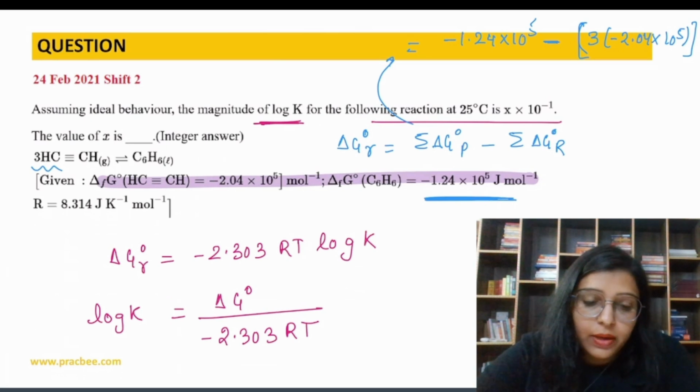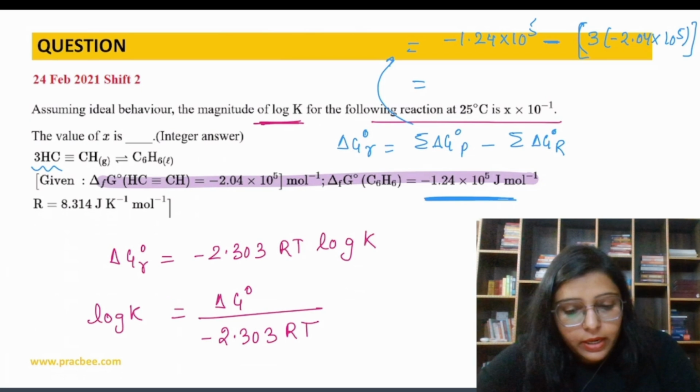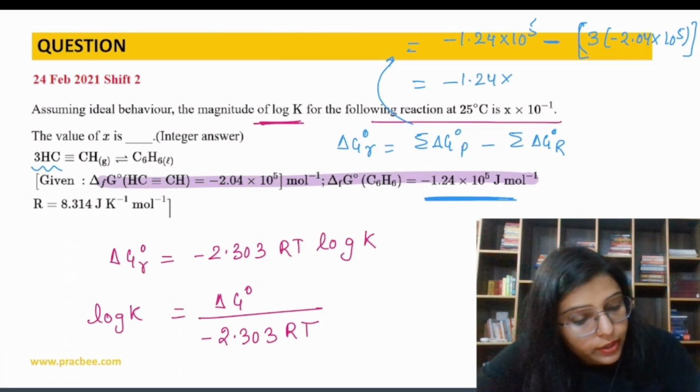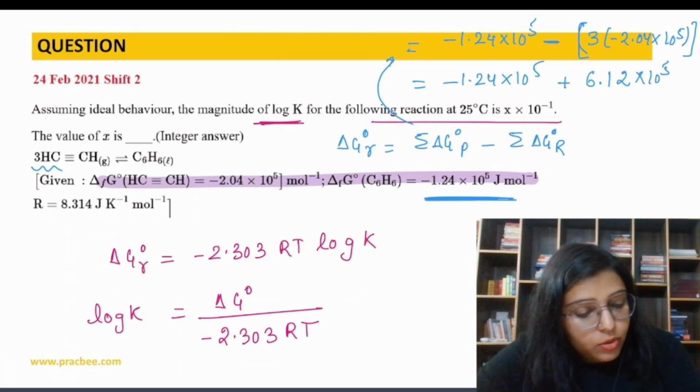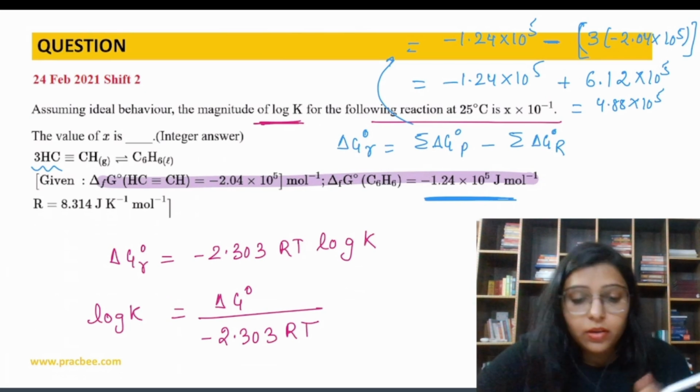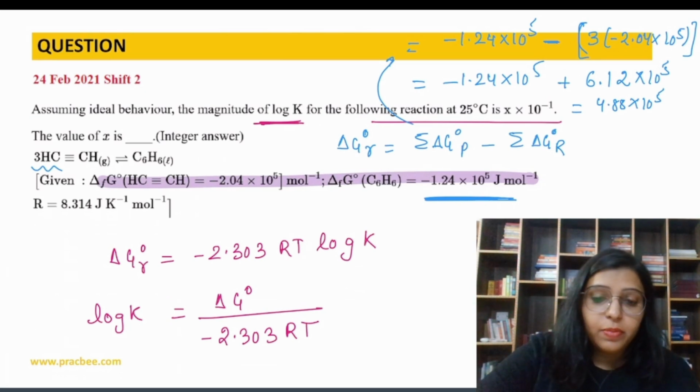Okay, fine. So when you solve this, you get minus 1.24 into 10 to the power 5, and this is going to be plus. So 3 4s are 12, 3 0 1, 3 2s are 6, so 6.12 into 10 to the power 5. So you get answer equal to 4.88 into 10 to the power 5.